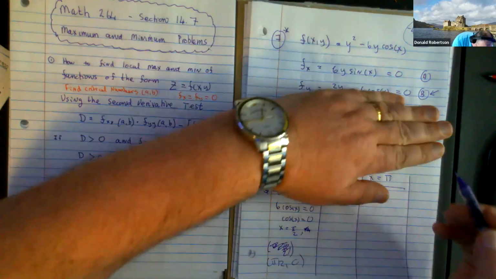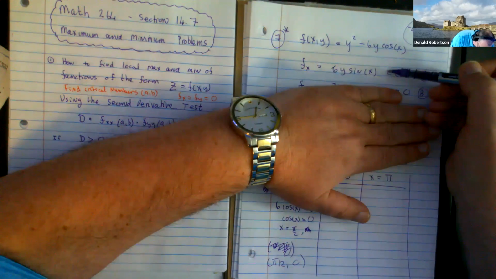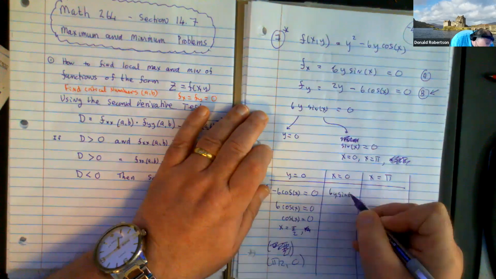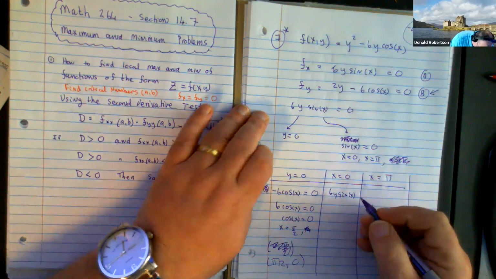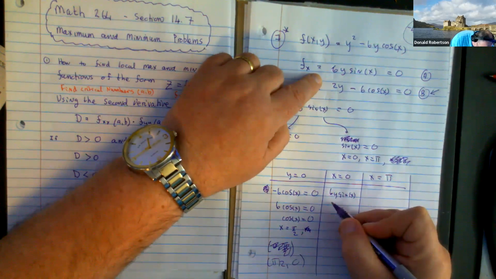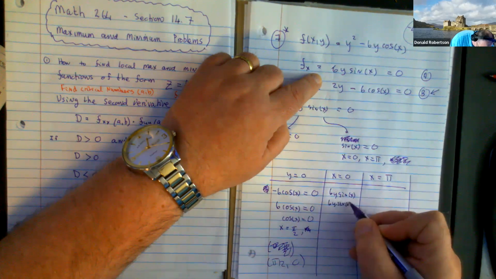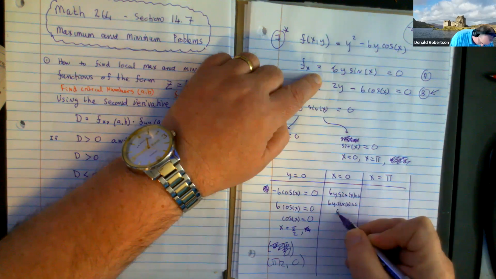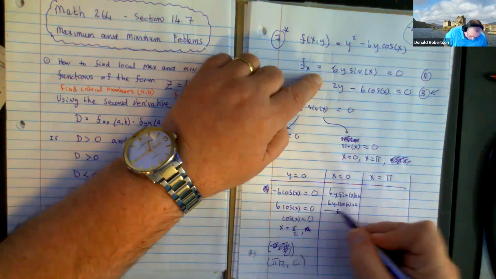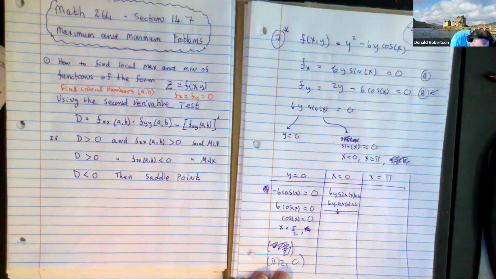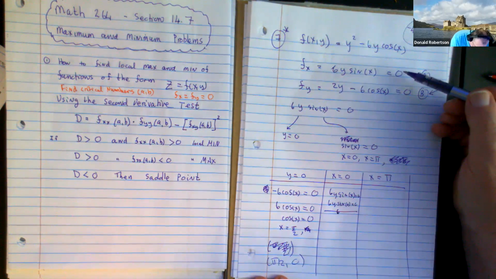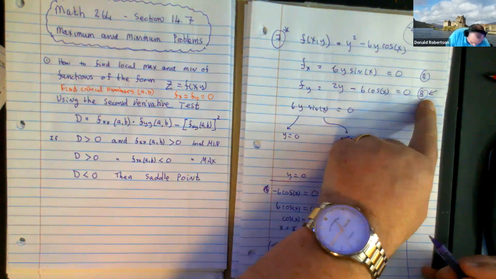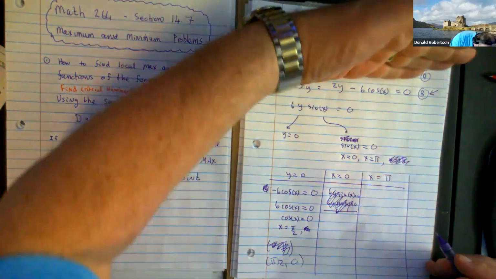God, I have to cover things up with my scanning. 6y sine x gives me 6y sine of 0, which equals 0. Which means nothing. Oh, that dies. I've got an arrow on it and nobody told me. I covered the wrong one up. Even when I do it right, I do it wrong.